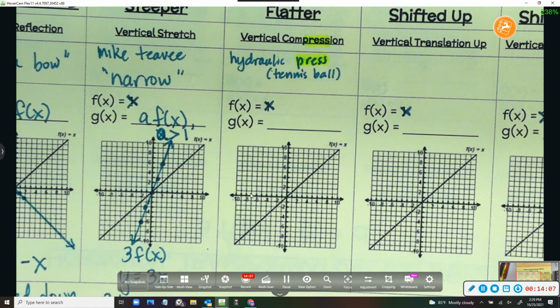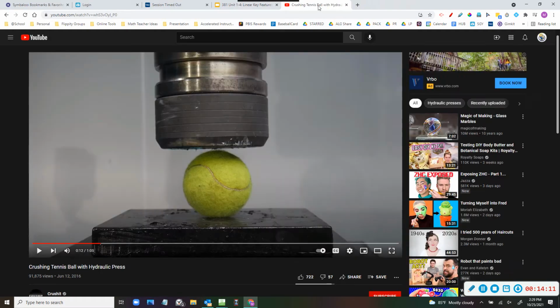Let me show you a video of a hydraulic press. Here is the tennis ball. We are watching what happens to the actual ball. You notice how it goes from here to here, about that wide. Let's watch what happens to the shape of it. This video is loud, and I'm sorry about that.